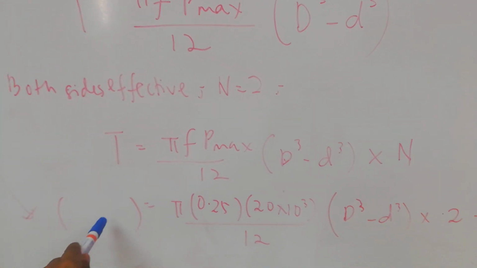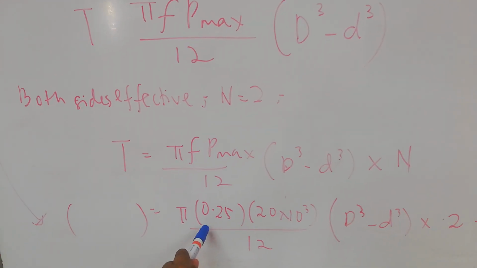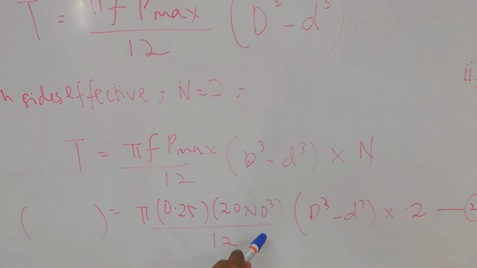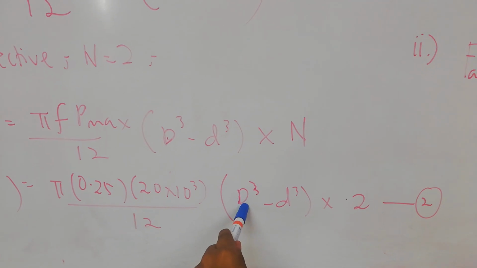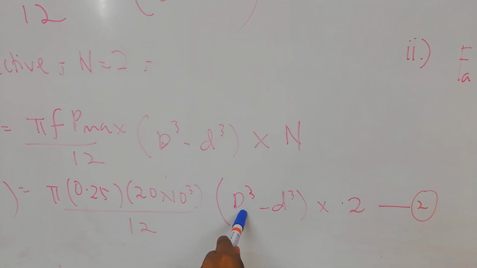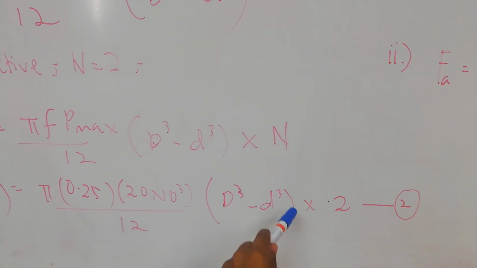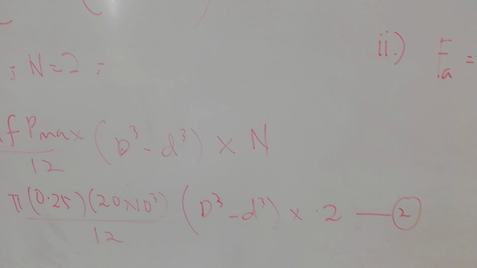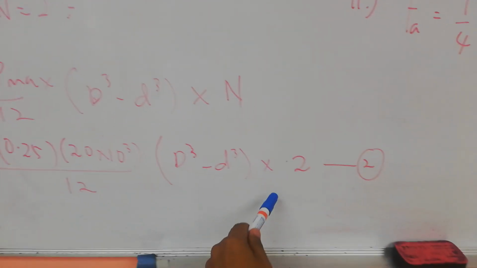We substitute over here: pi, f is the coefficient of friction, and P max is 20 kilopascal, divided by 12, and then big D cubed minus small d cubed, and times 2. Okay, right. So this is the second equation.